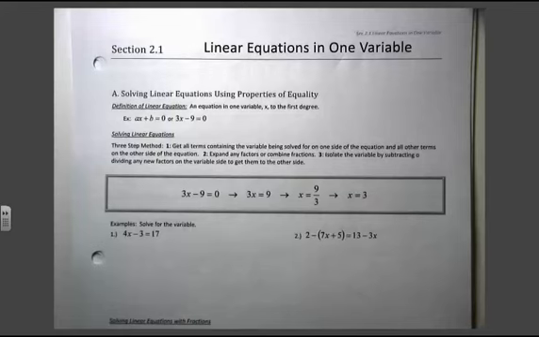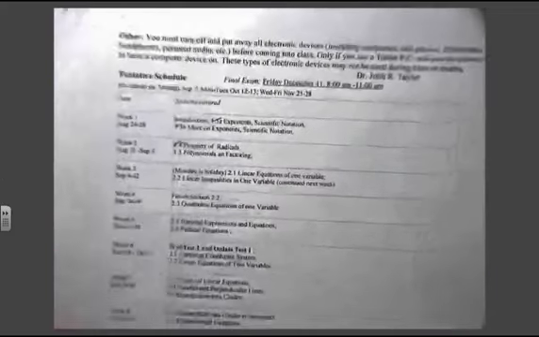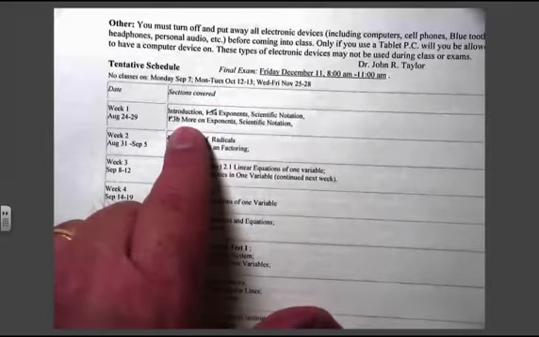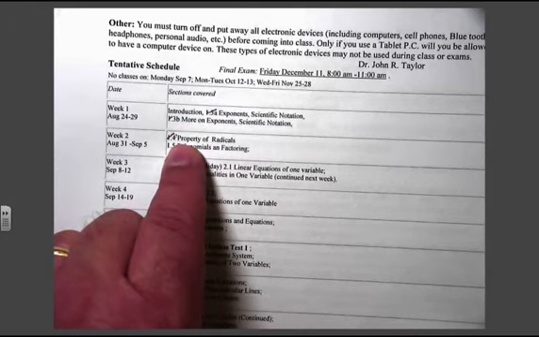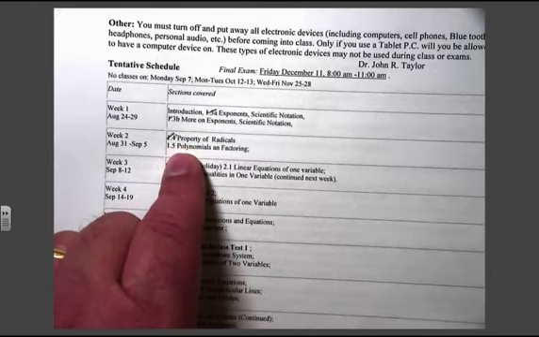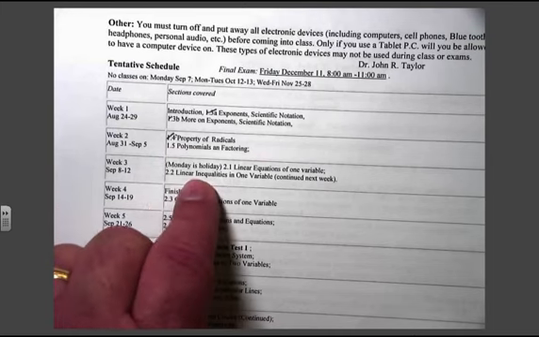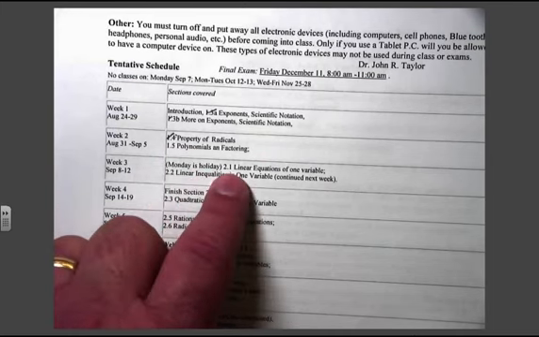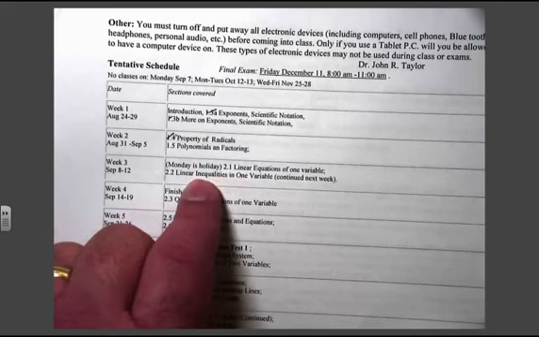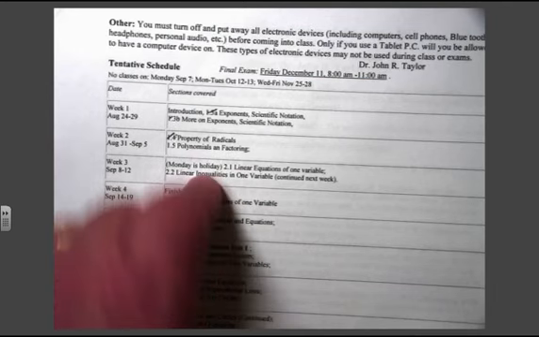Here it is. 1.3, I'll blow this up so you guys can read it. 1.3 was quiz 1. 1.4 is quiz 2. 1.5 is quiz 3. 1.6, 2.1 is quiz 4. 2.2 will be quiz 5. Does that make sense? All right, so your question was, which one's quiz 5? 2.2. They're in order of the sections that we cover.